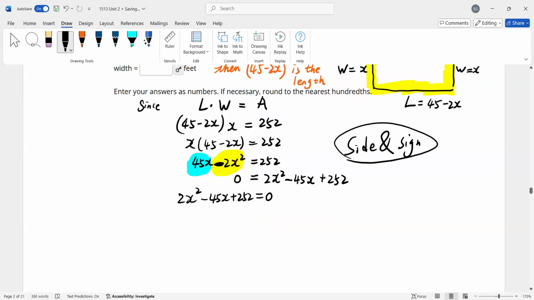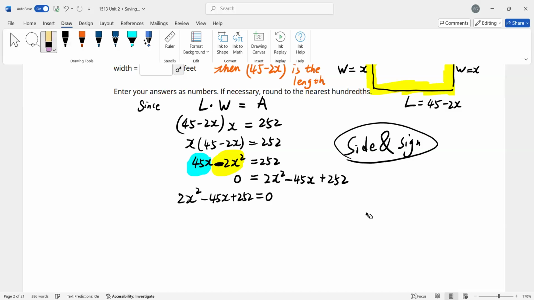Now we are going to solve this equation. This is a quadratic equation. What method should we apply? We can use the quadratic formula, or we can try to factor. Let me see if I can factor it.